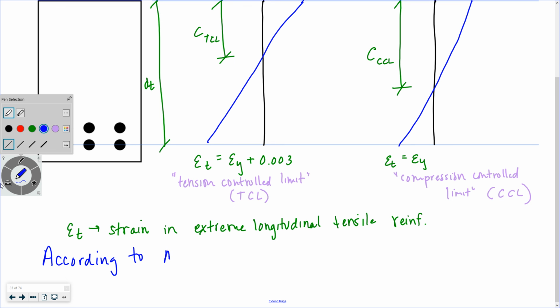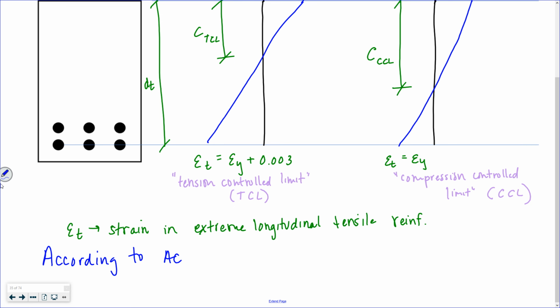According to ACI 318, 21.2.2, no, 0.1. For grade 60, ETY is approximately 0.002.